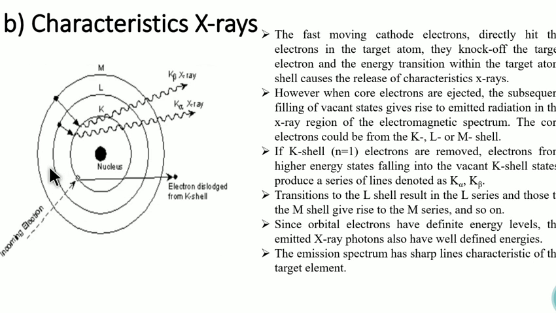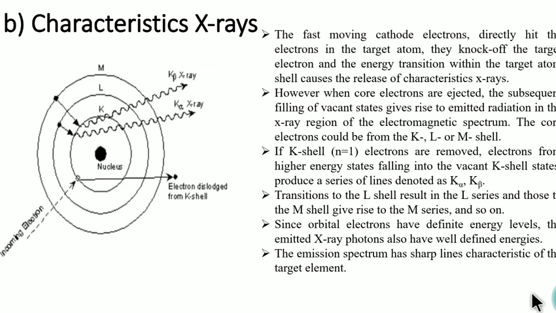Such radiations we denote as L alpha, L beta, and so on. This is called the characteristic X-ray. Characteristic X-rays are very important in the metallurgy department, as they show elemental significance.